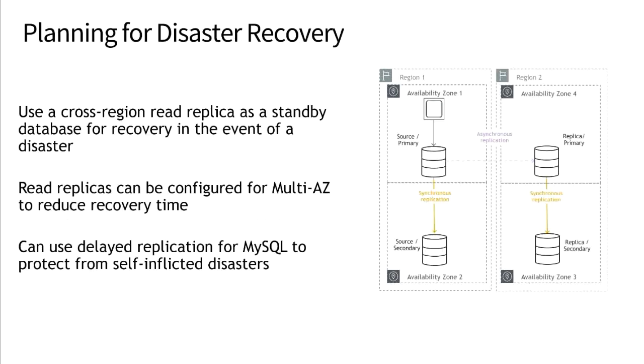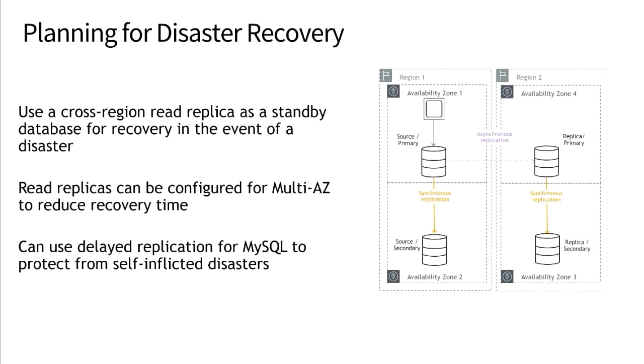Now, for disaster recovery, what you would probably want to do is replicate your data across regions. So in AWS, you have more than 20 regions which are located around the world. You can use a cross-region replica so that the data gets replicated asynchronously to the other region in the very unlikely situation that a region goes down, or that you lose connectivity to that region.